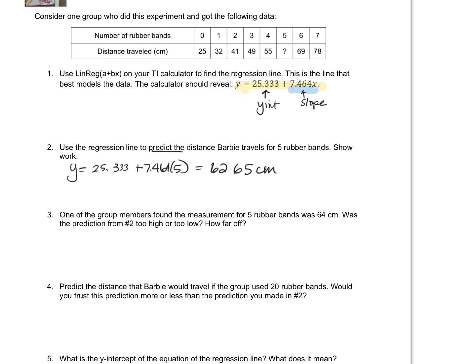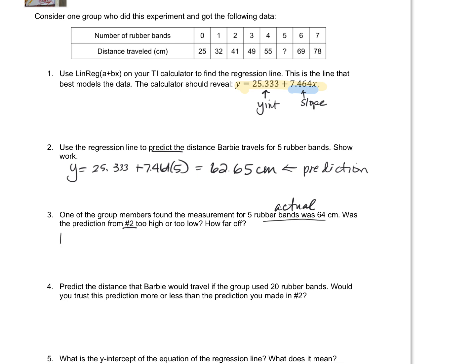Now, one of the group members found the measurement for 5 rubber bands. Their actual measurement was 64. Okay, that's the actual. Remember what we just found here is a prediction, right? Are predictions correct always? No, they're just a good estimate, right? Now, was the prediction from number 2 too high or too low?